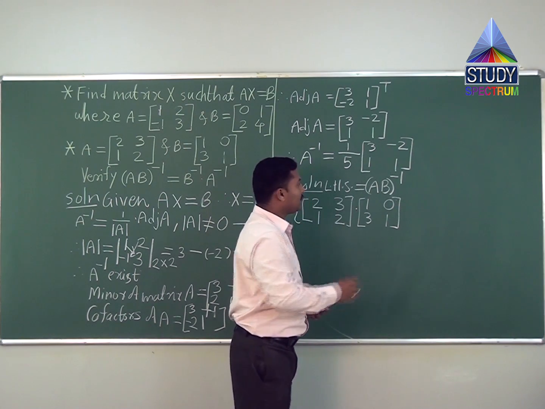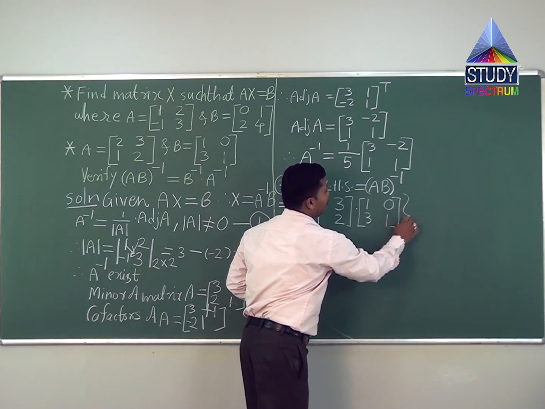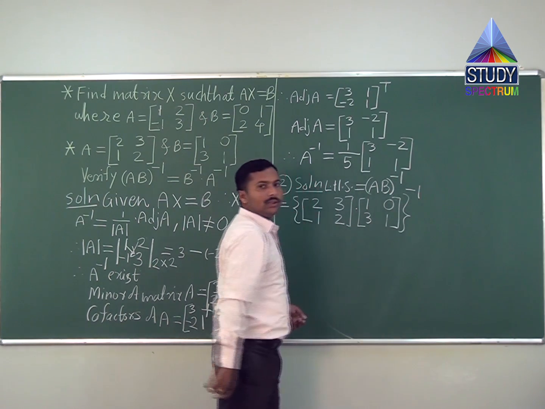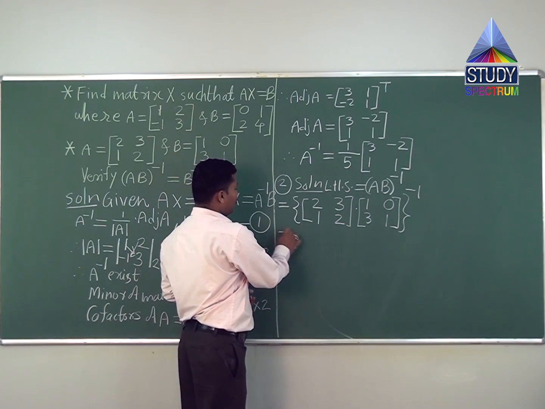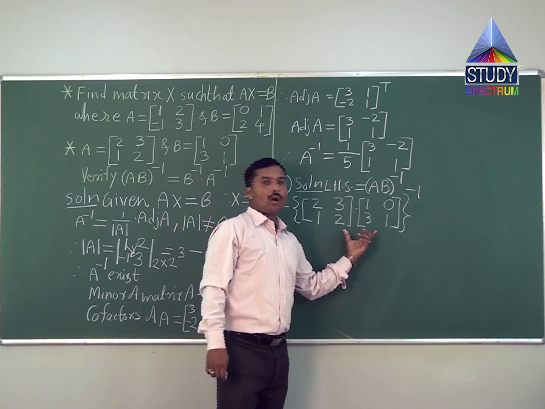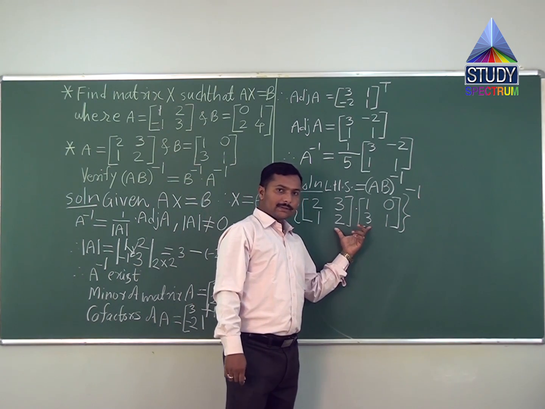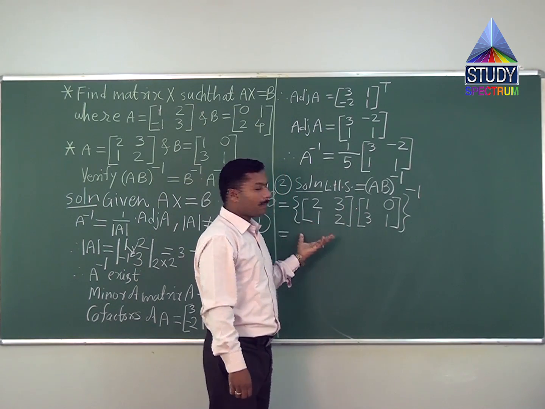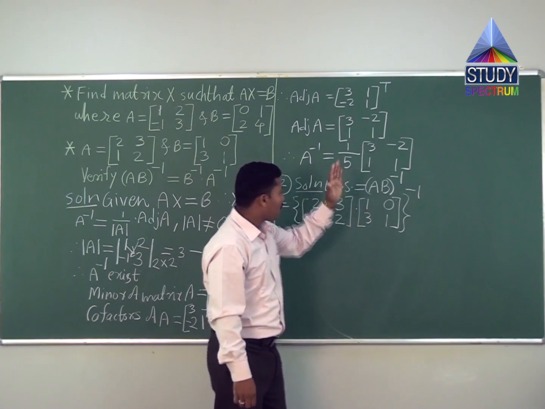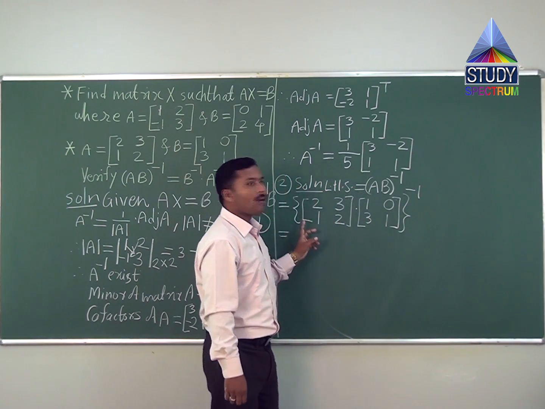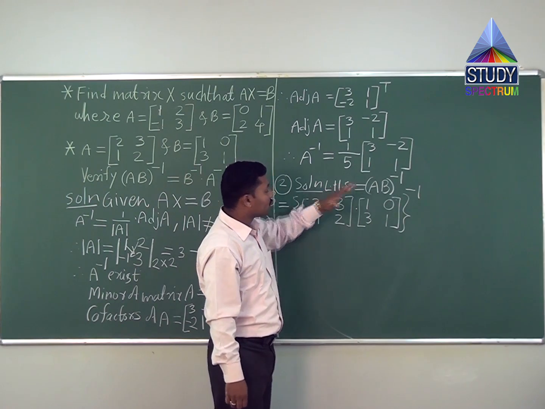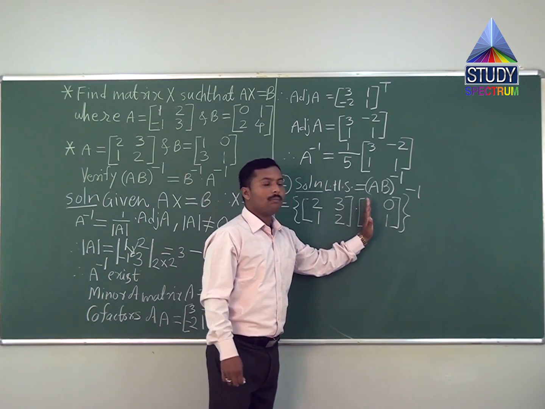A into B, and then its inverse. So how can we find the product of two matrices? A simple idea: first row, first column, sum of products of corresponding numbers.